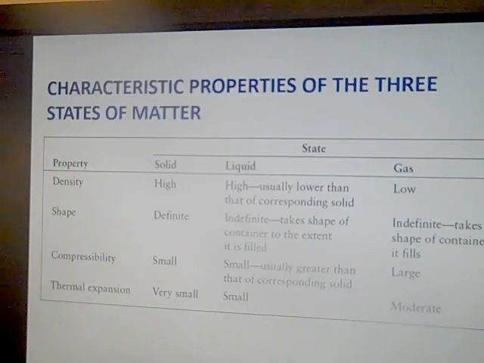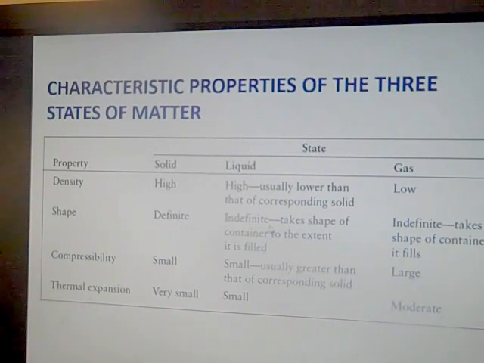Okay. So if we look at the various phases of matter, here are some columns. This is the solid phase, the liquid phase, and the gas phase. When we're looking at these various properties, obviously solids and liquids have a fairly high density. Gases have a very low density. The shape of a solid is definite.